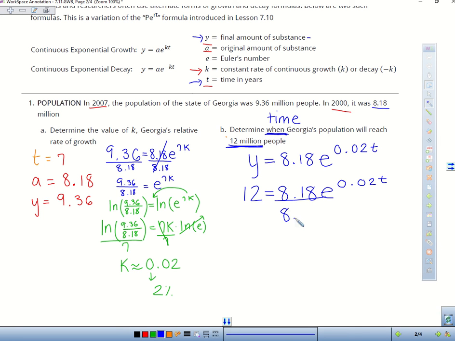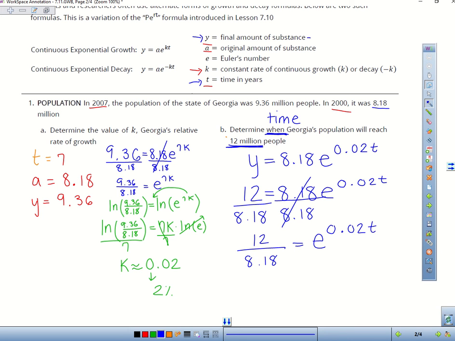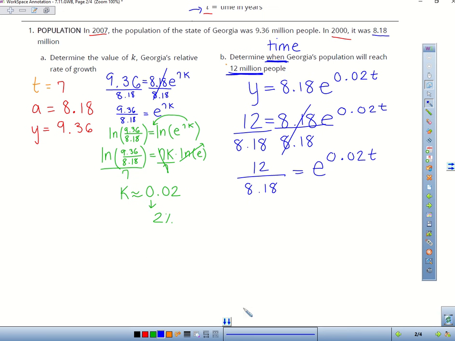Divide by 8.18. This cancels out and leaves me with 12 over 8.18 is equal to e to the power of 0.02 times t. If you want to get rid of a variable in an exponent, what do we take of both sides? The ln. Natural log.